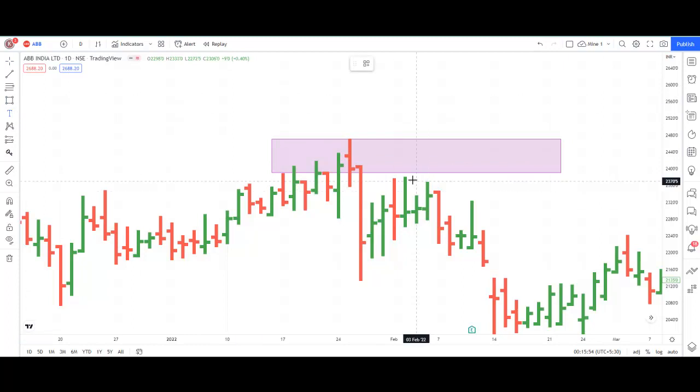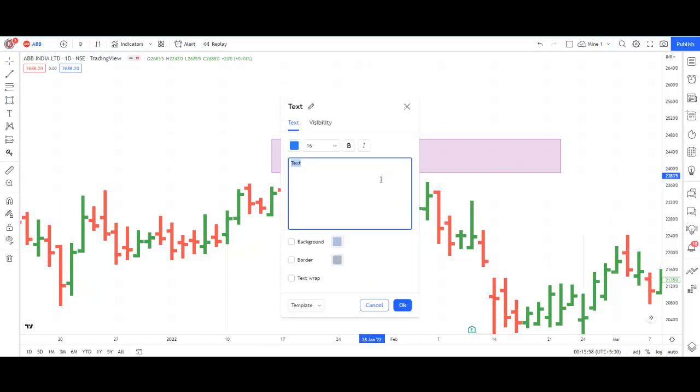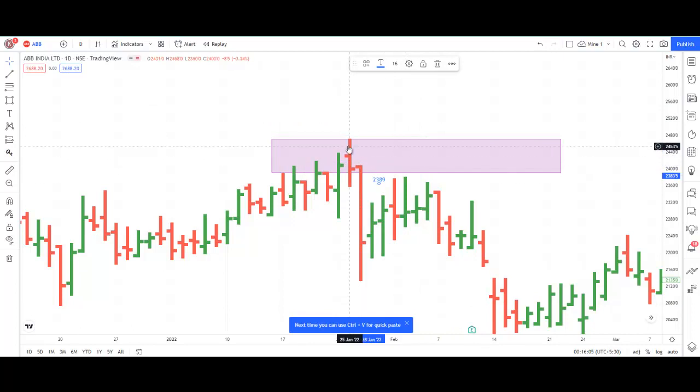So let's mark it here, 2389. And the uppermost price which the stock went to is 2468.